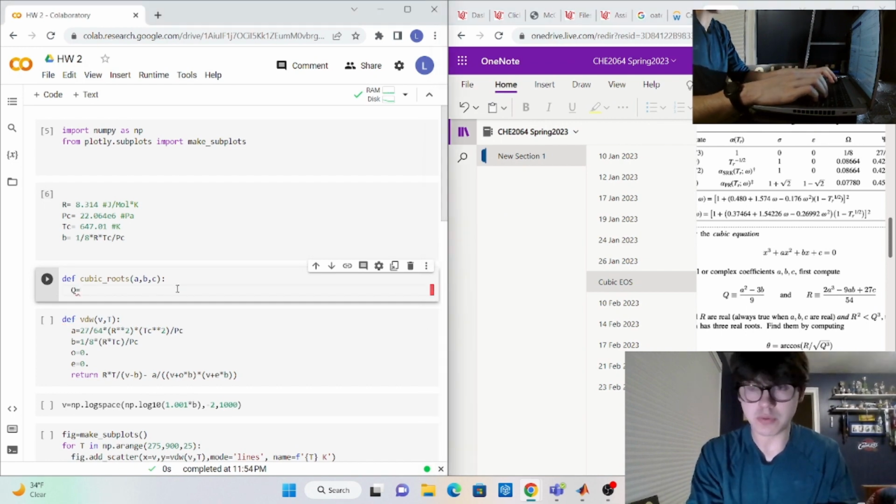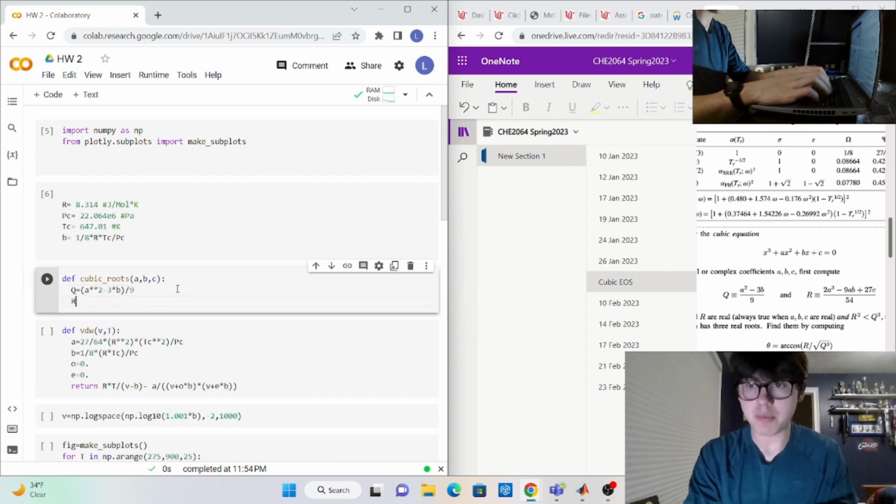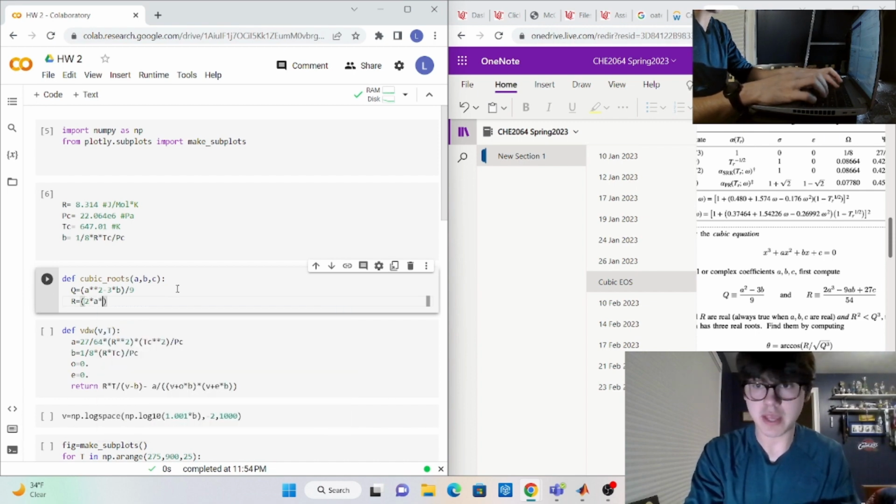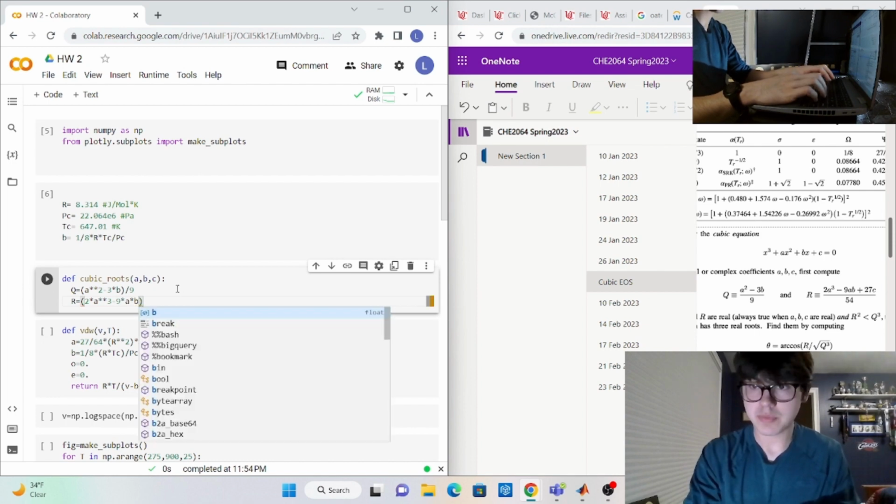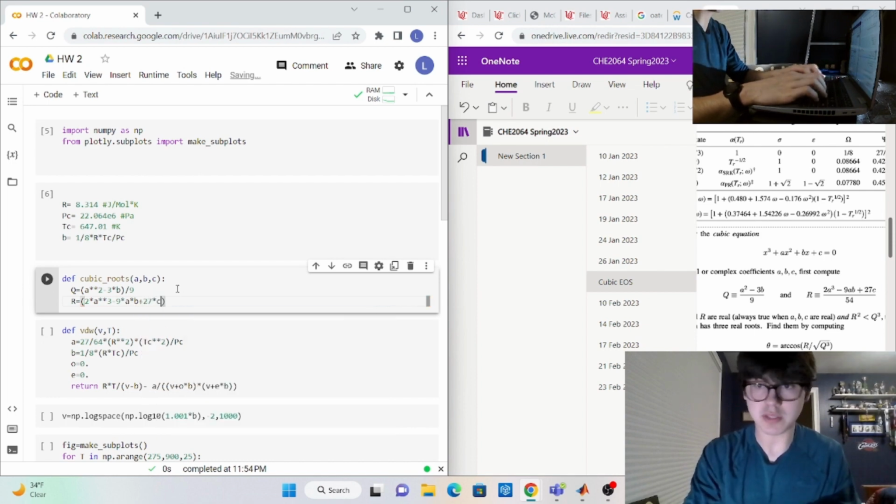q is equal to a squared minus 3 times b, all over 9. We also have r is equal to 2 times a to the power of 3 minus 9 times a times b plus 27 times c.